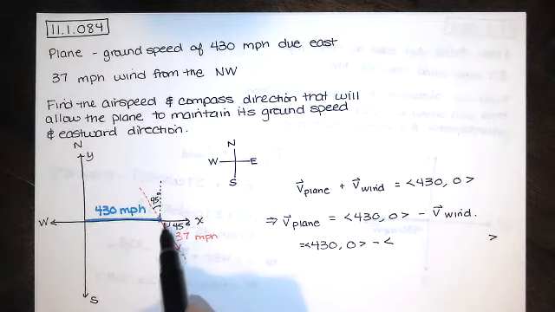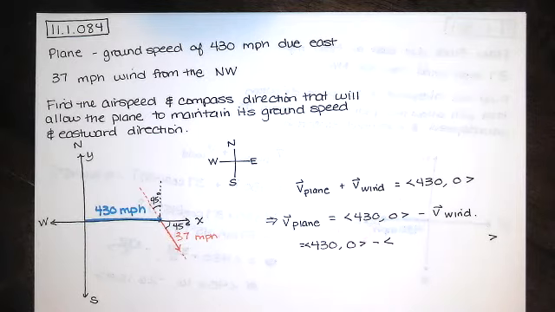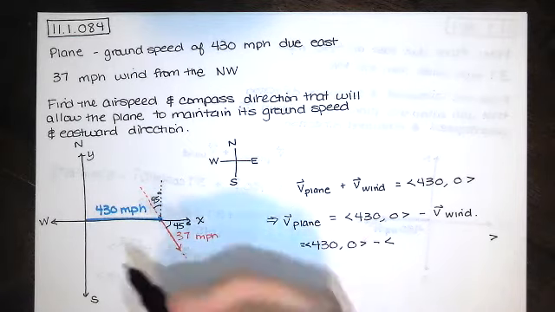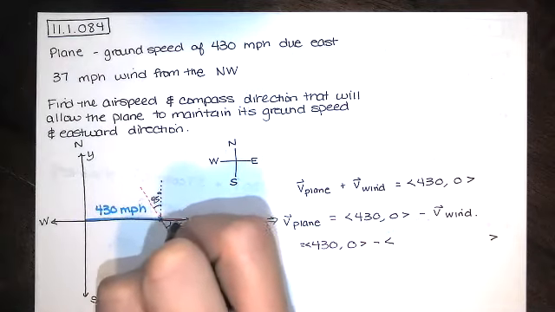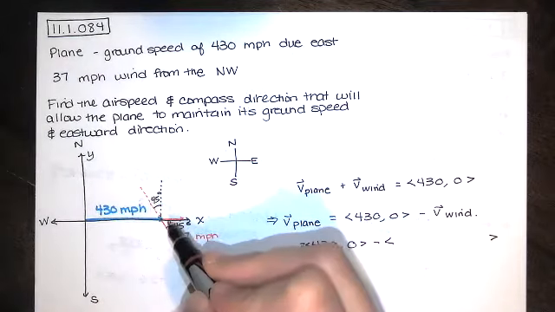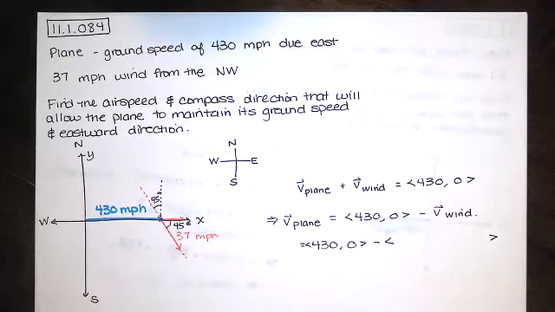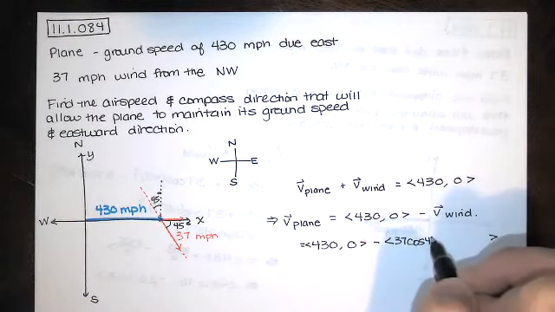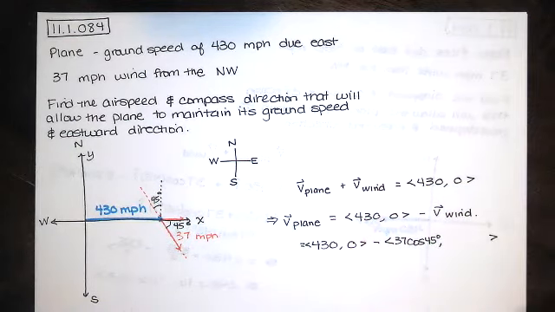If we split this into components, the component in the x direction is adjacent to that 45-degree angle. So it's going to have a magnitude of 37 cosine of 45 degrees because it's on the adjacent side.